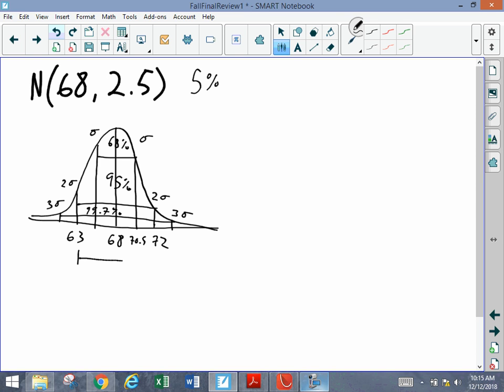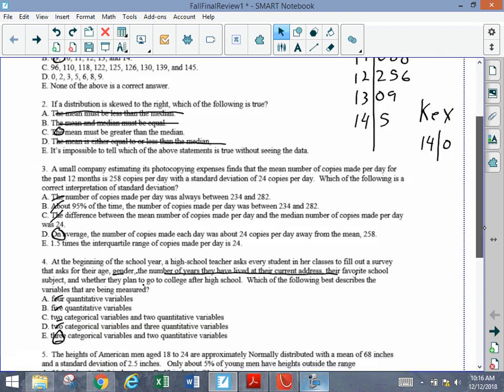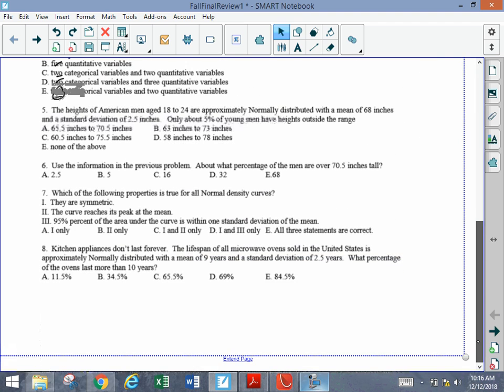So what we're looking at is this interval right here between 63 and 73. That looks like a minus. I'm not going to write that. So between 63 and 73. Let's look at what we got. 73.